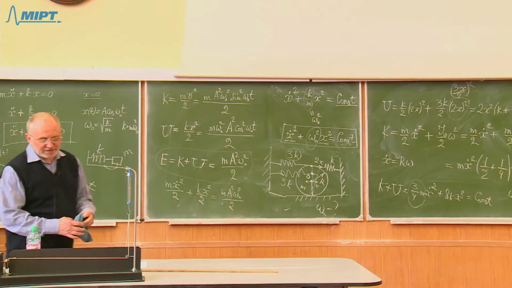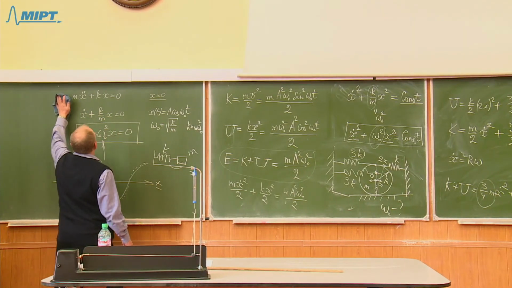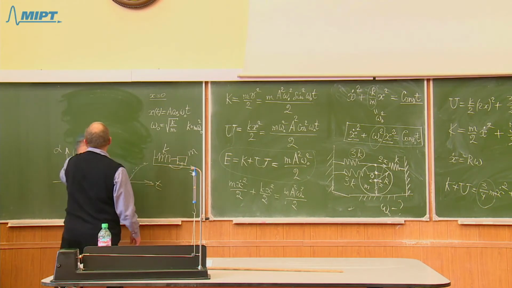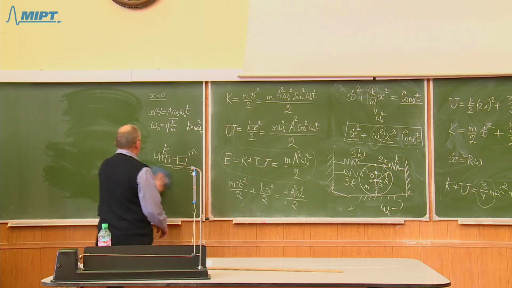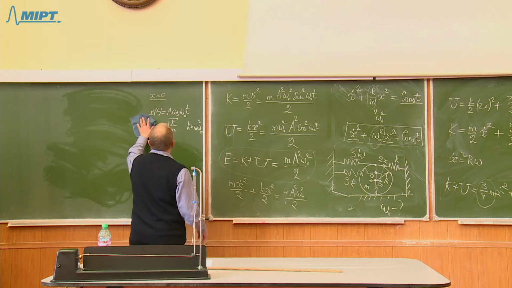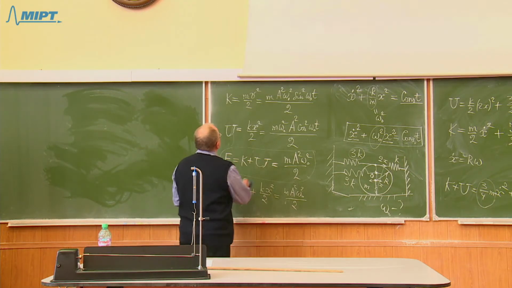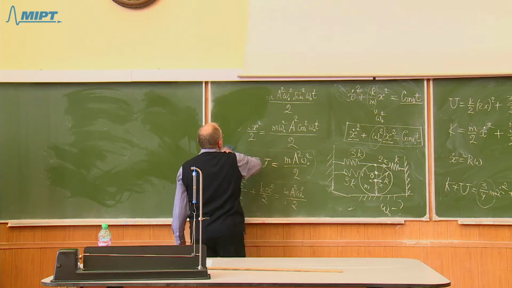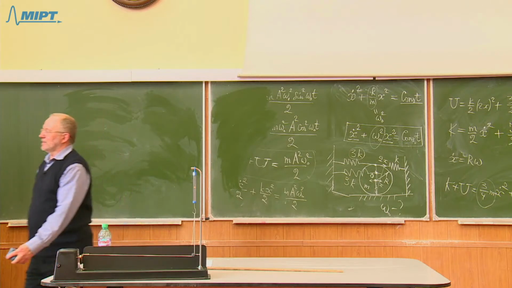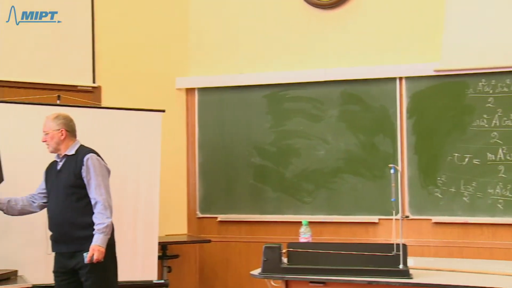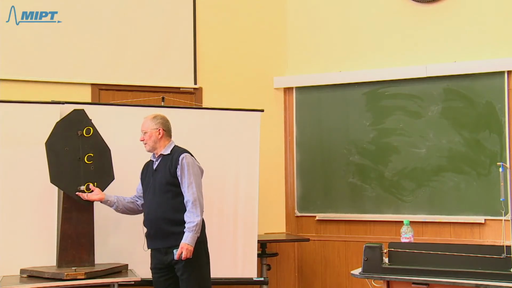Now we go further, and I will consider a physical pendulum. So far we considered the mathematical pendulum, or ideal pendulum, which is a small ball on a string.